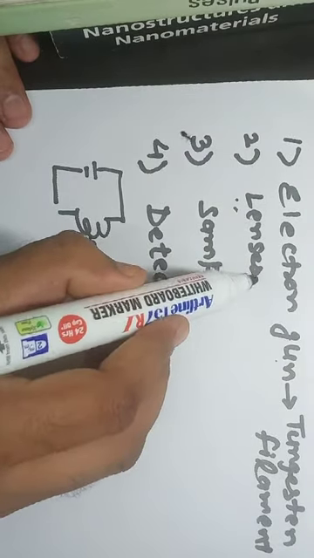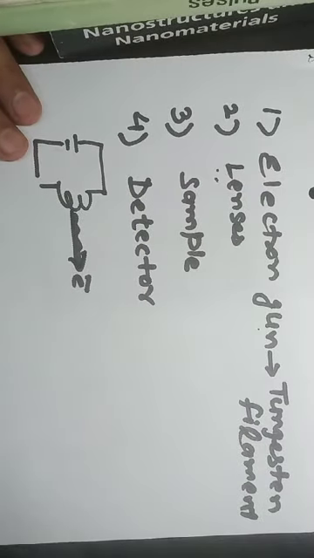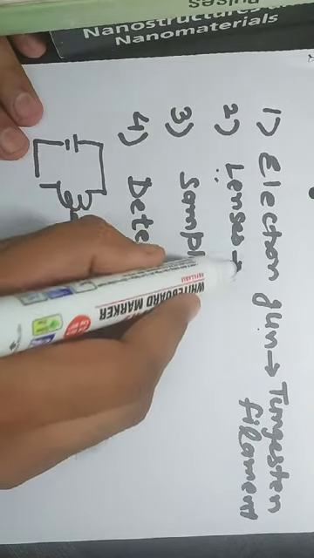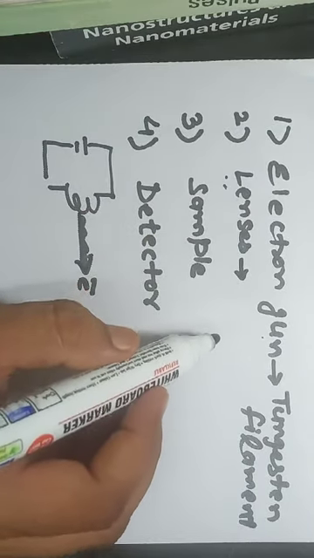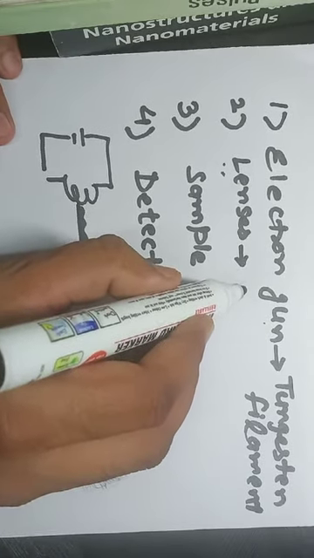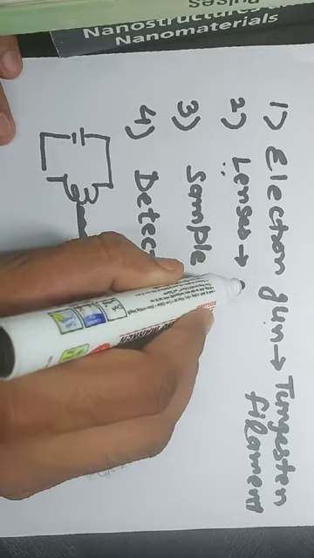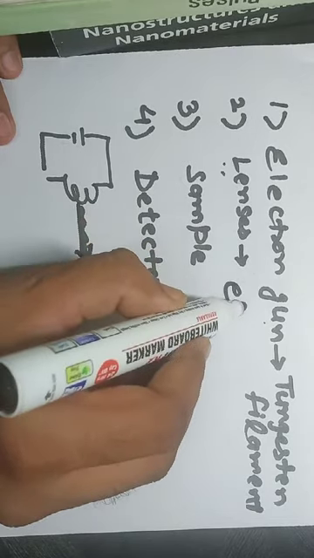And the second term which we would like to understand from here is the lenses. We remember that in the case of the optical microscope, we have optical lenses, but in case of the electron microscope, you have the electromagnetic lenses.